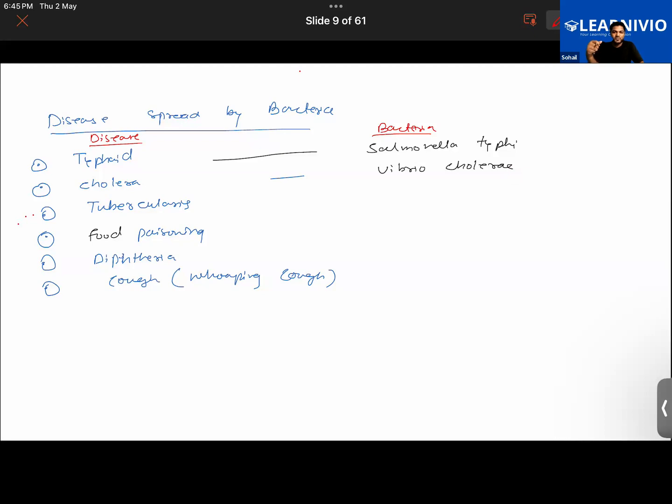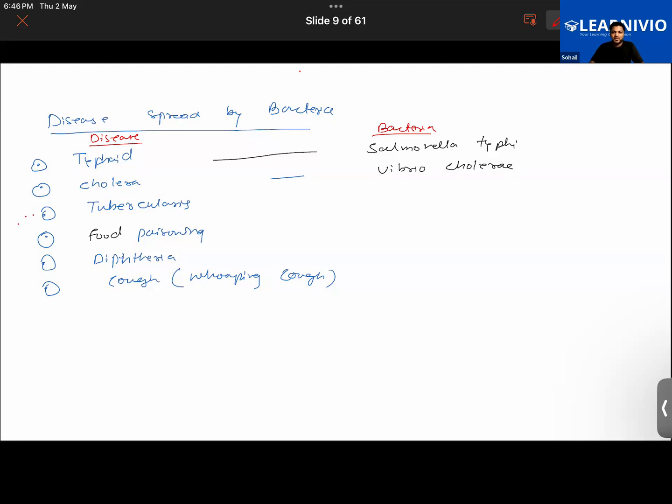So your body will be losing lots of water, important minerals and salts, and it can lead to diarrhea also. Getting it now? So this is what happens during cholera, and it can lead to death if the patient is not cured within the first few hours, or if proper treatment is not provided. So it can kill the person also.